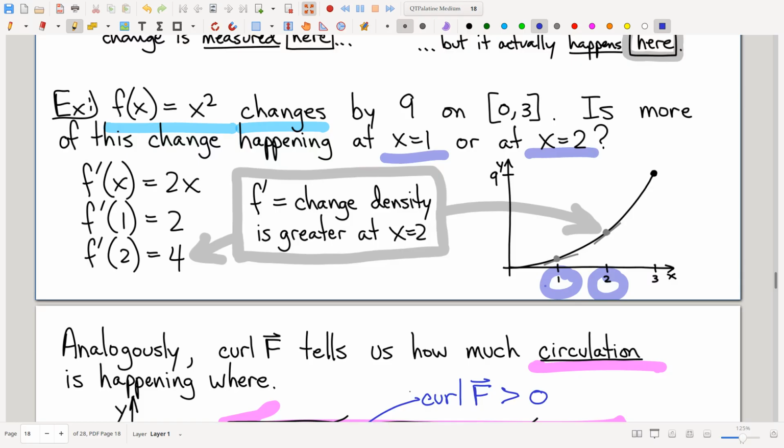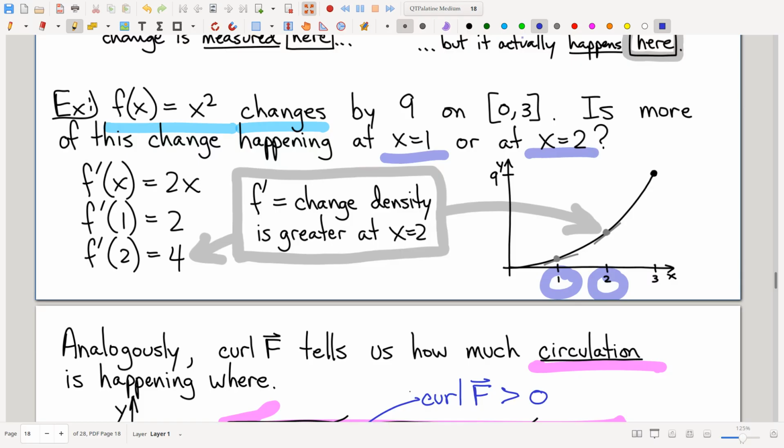Now, the answer is obvious. Look at the picture. It's perfectly obvious, right? But let's take the density point of view. Again, the purpose of this example is not to get the answer. The purpose is to illustrate how tools can be used, right? So how can we view the derivative as change density to help us answer this question of where the change is? Well, there's more stuff where the density is greater.